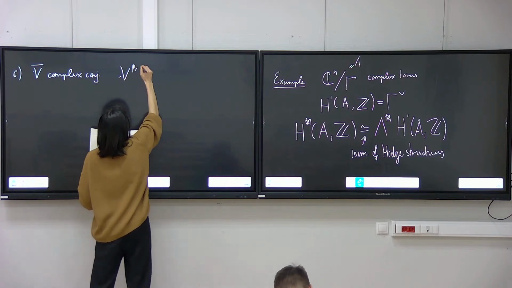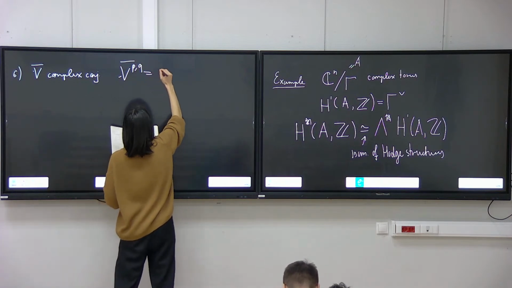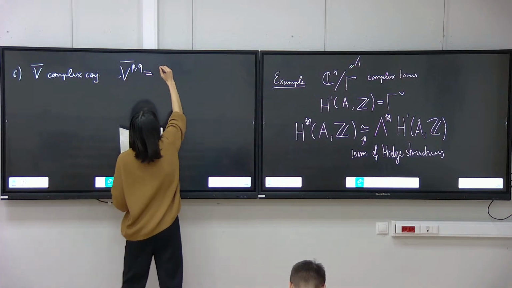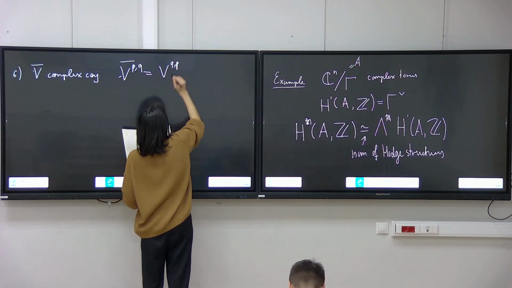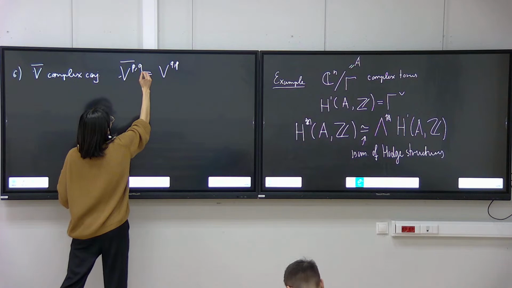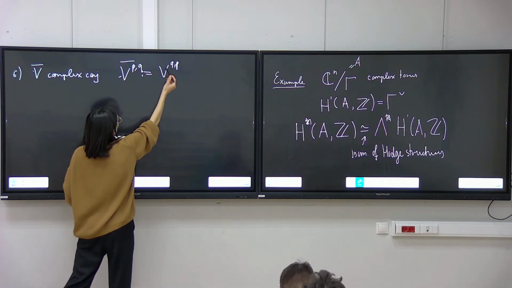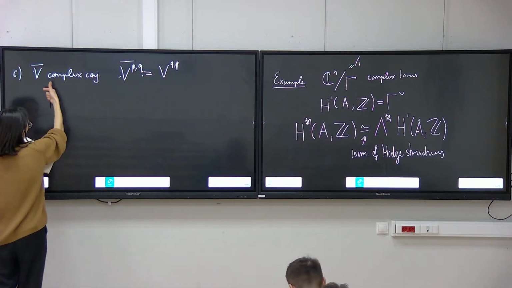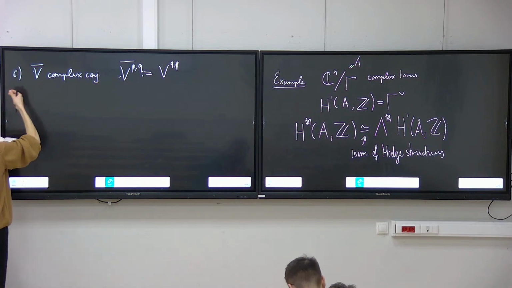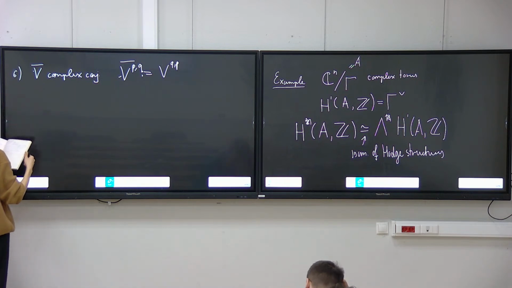Complex conjugate Hodge structure, by definition, its (p,q) part is equal to the (q,p) part of the Hodge structure that we considered before.